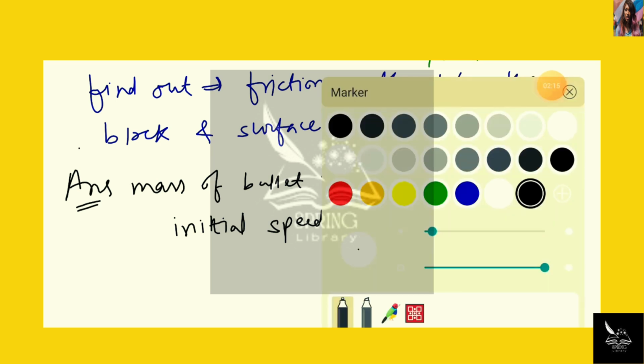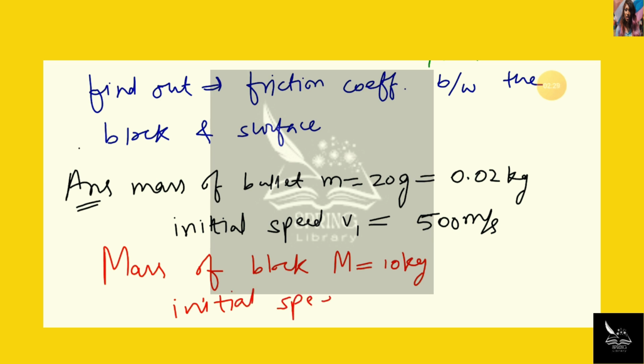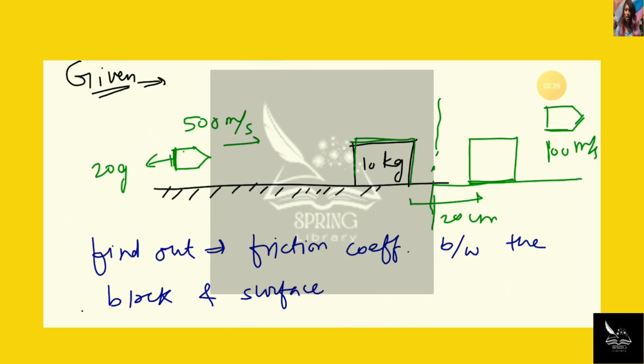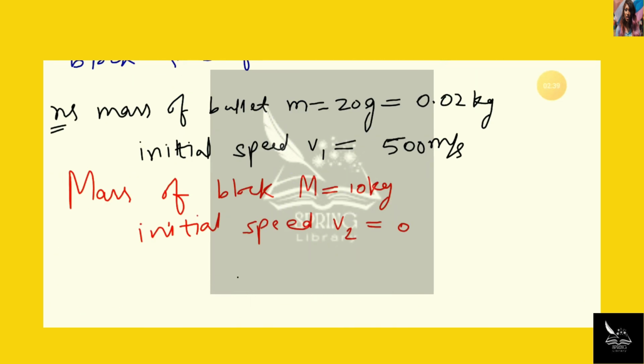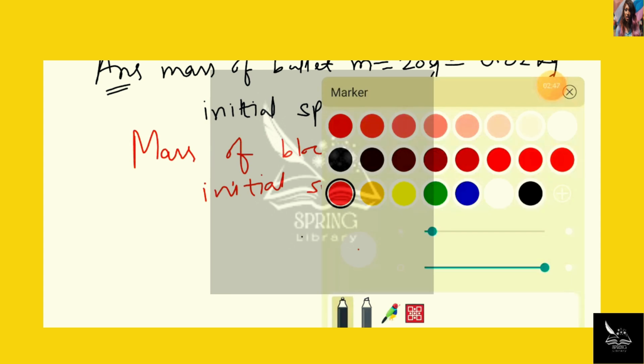Now the mass of the block is capital M equal to 10 kg, and the initial speed for the block is v2 equal to 0, because the block that is given is initially at rest. So the initial speed for the given block will be equal to 0.